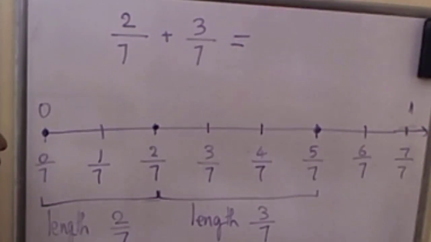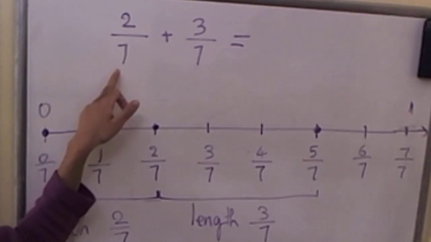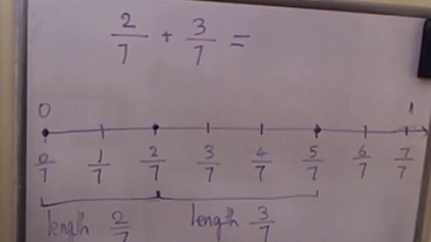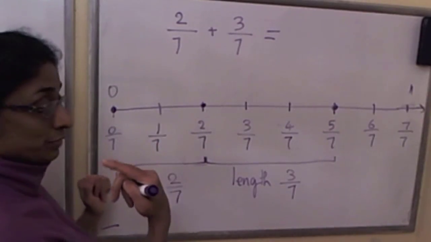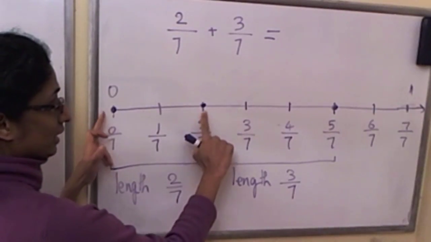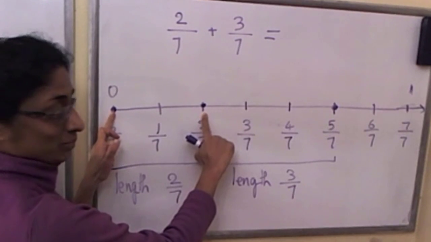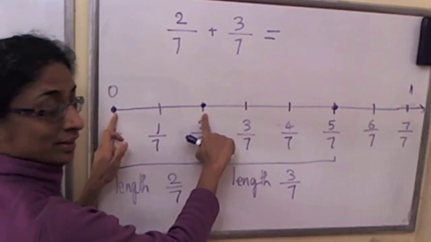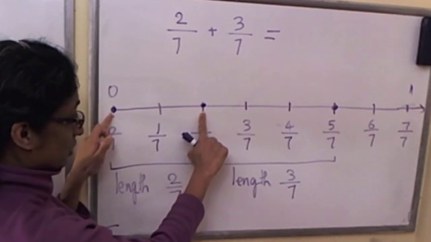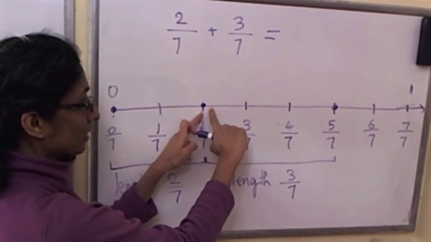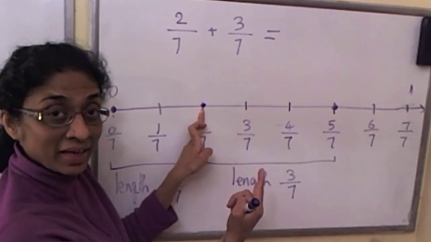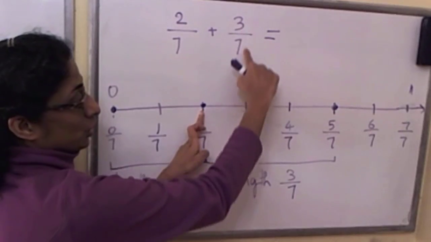Now let's look at how we may define how to add two fractions. What makes sense? Well, if we follow the procedure we did for whole numbers, 2 over 7 is the length of this segment. We take a segment that starts at 0 and ends at 2/7, and then right where it ends, attach to it another segment of length 3 over 7.